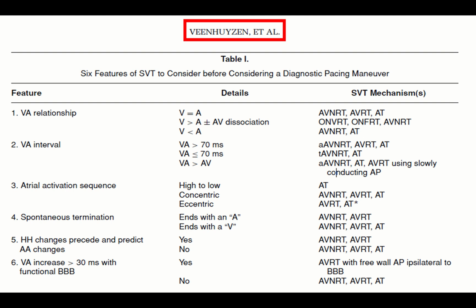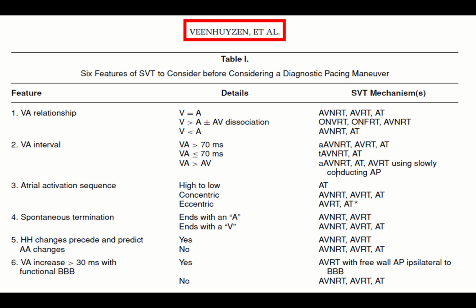V more than A, it may be orthodromic, nodofascicular, nodoventricular accessory pathway, or AVNRT with upper common pathway block, or junctional. If A more than V, it may be atrial tach or flutter, or AVNRT with lower common pathway block.